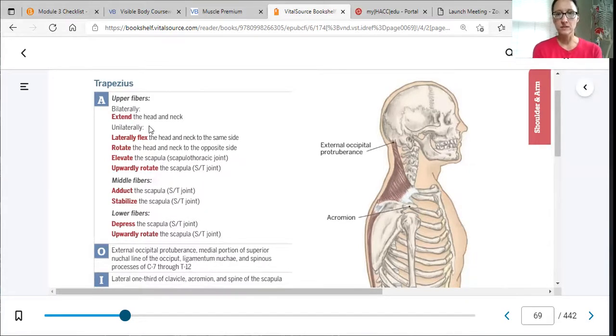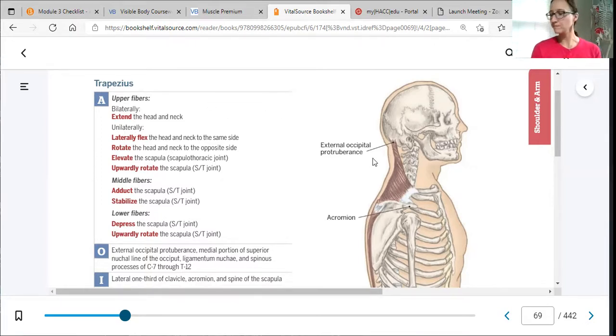The thing about trapezius is that it attaches on both sides of the posterior neck. So if both sides of those fibers contract at the same time, that is a bilateral action. And in this case, they're going to extend the head and neck.